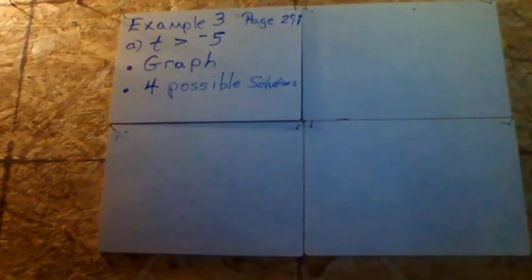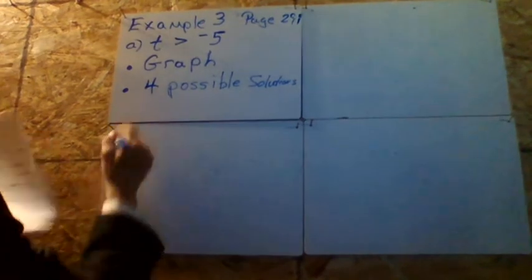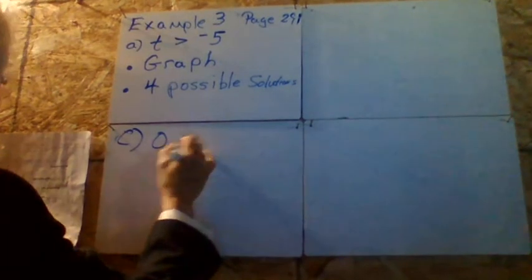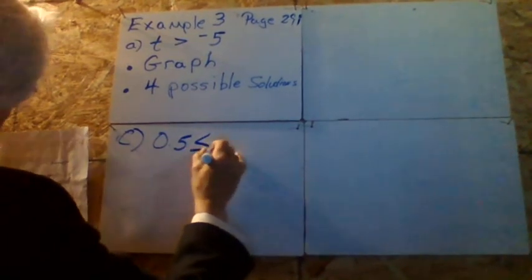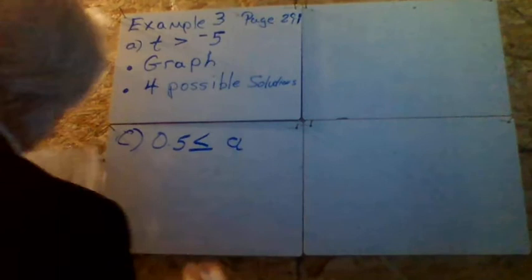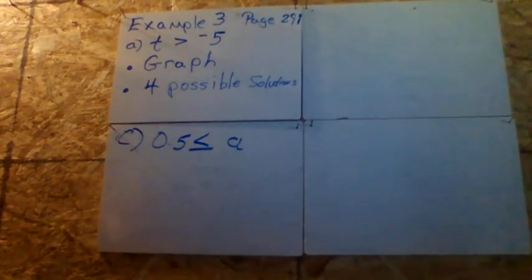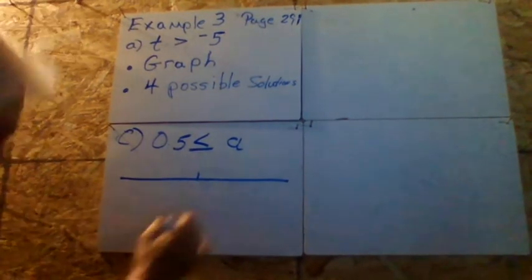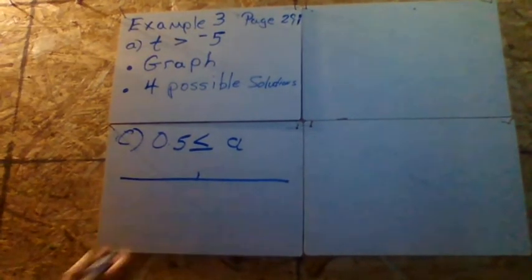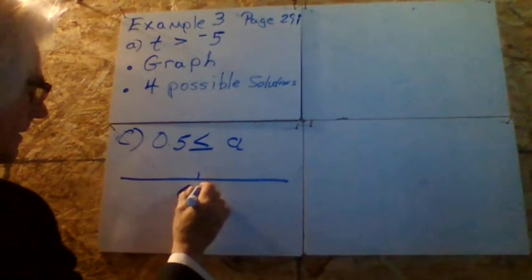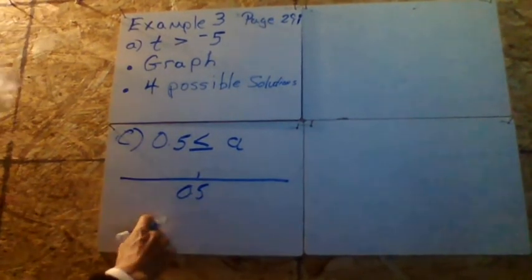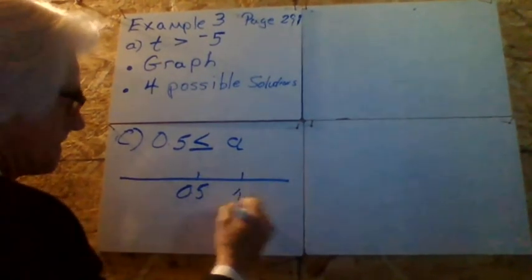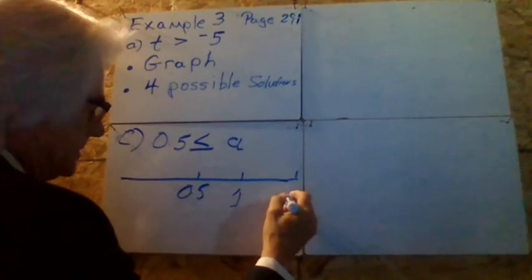So have a look at C. 0.5 is less than or equal to A. So we'll do our graph. In my middle, I have 0.5. Over here, I'm going to go with 1, and I'll go with 2.